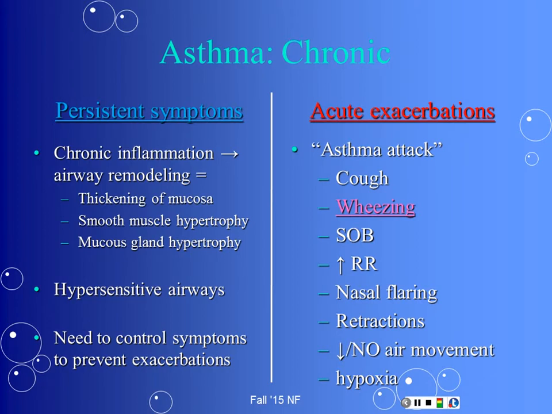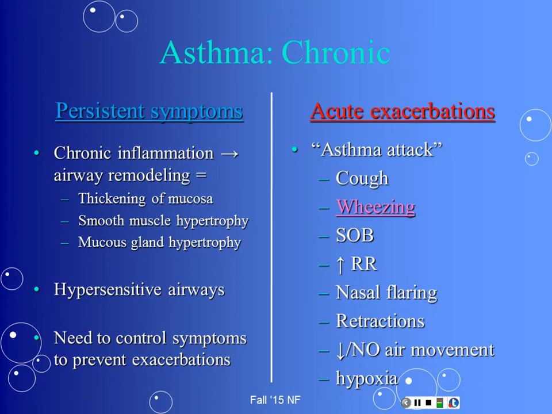An acute exacerbation is what a lot of people think of as an asthma attack. They may have a cough, and as we talk about the different variations and types of asthma, we'll cover that in a little bit. They have wheezing, shortness of breath, increased respiratory rate, nasal flaring. Are we seeing a pattern here?